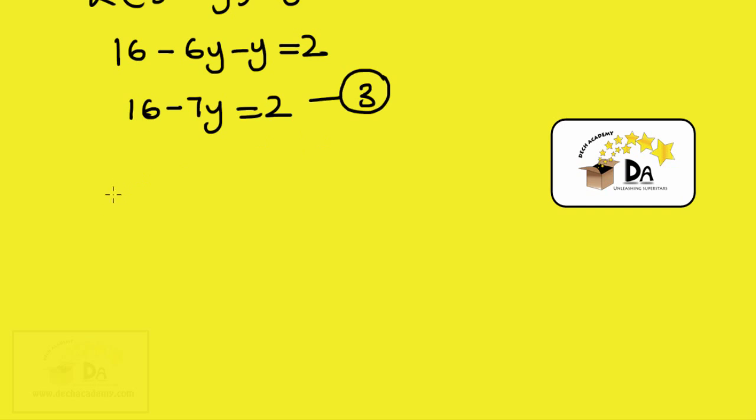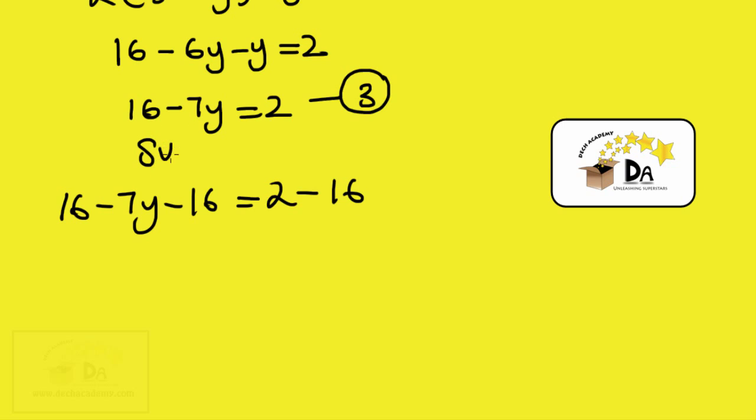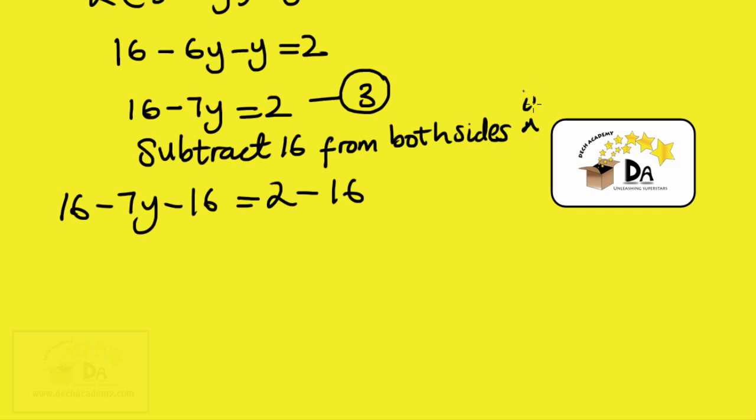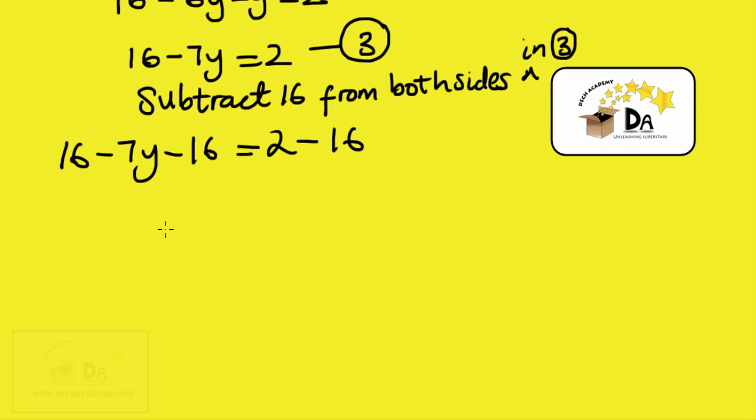So just starting from equation 3, get rid of 16 by subtracting 16 from both sides. Let's do it the long way. So I'm going to write, subtract 16 from both sides in equation 3. This gives this, which you can simplify.